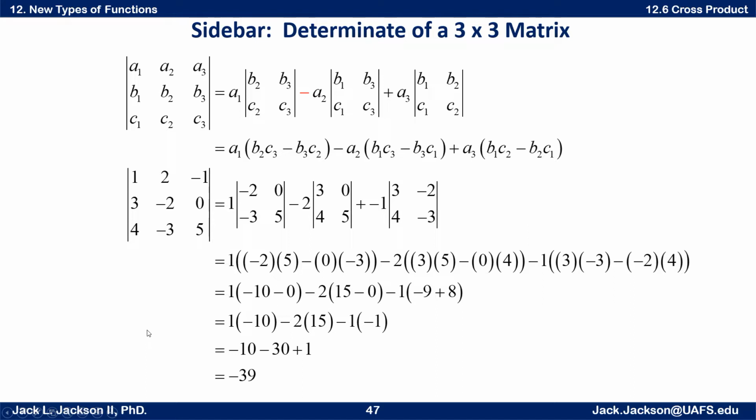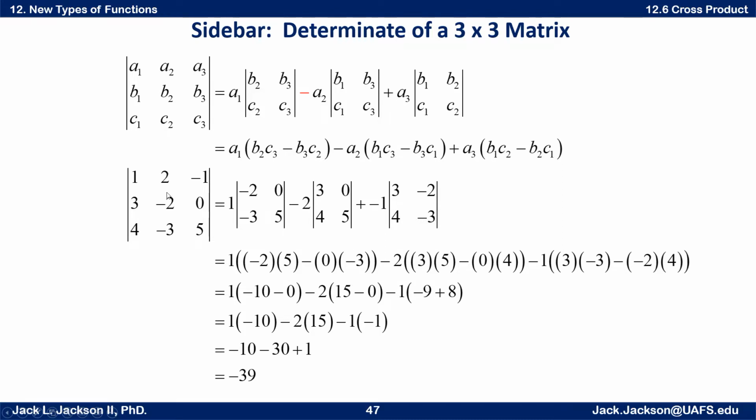Let's take a 3x3 matrix and find its determinant. This matrix is 1, 2, -1 for the first row, 3, -2, 0 for the second row, and 4, -3, 5 for the third row. If we expand by the first row, that's 1 times the determinant of its minor, minus 2 times the determinant of its minor, plus -1 times the determinant of its minor.